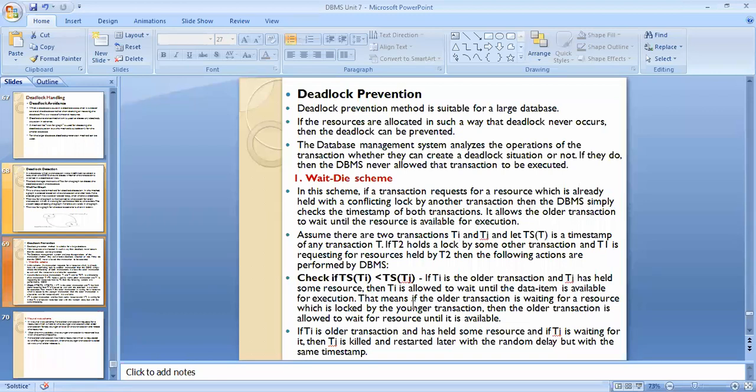If Ti is older than Tj, then Ti is allowed to wait until the data item is available for execution. That means if the older transaction is waiting for a resource which is locked by the younger transaction, then the older transaction is allowed to wait.